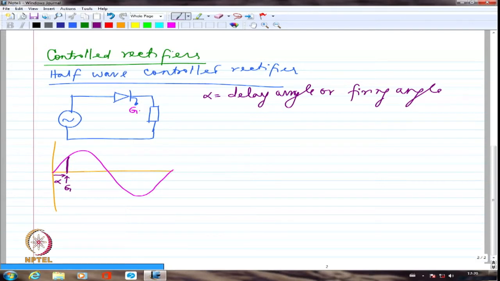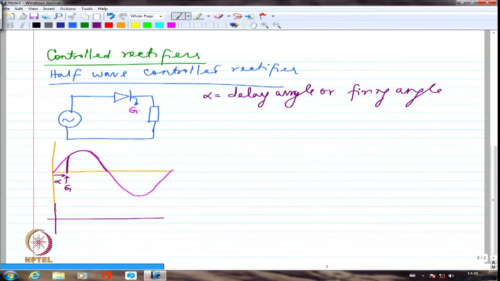At this point it is going to start conducting and I am going to get this as the output voltage. Had it been resistive load, I would have gotten the voltage only until here, because the current would also stop exactly at that point. Whereas, if it is R and L load, I will have the current starting from this point.